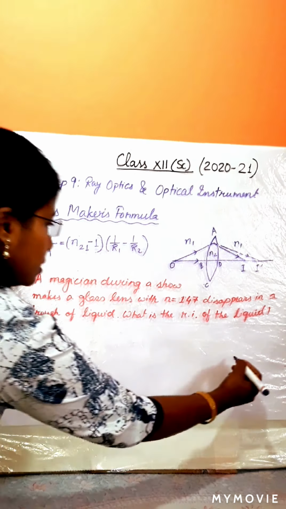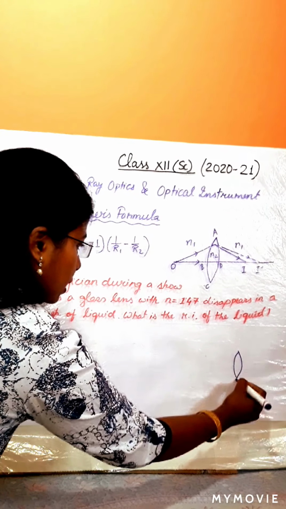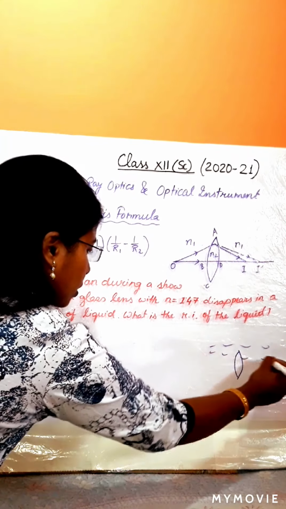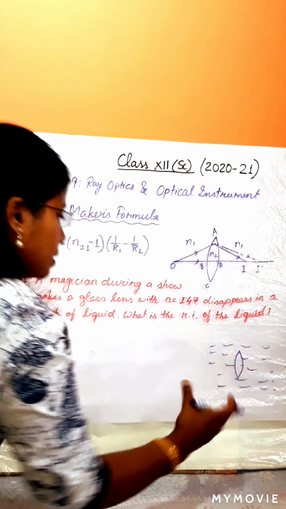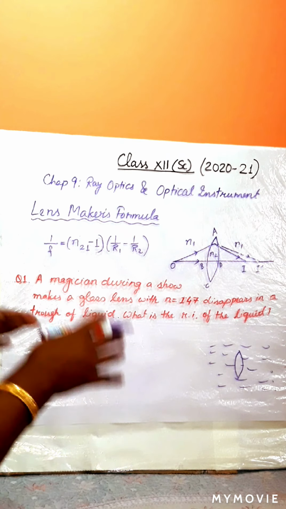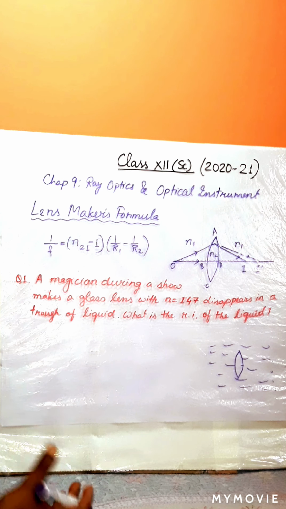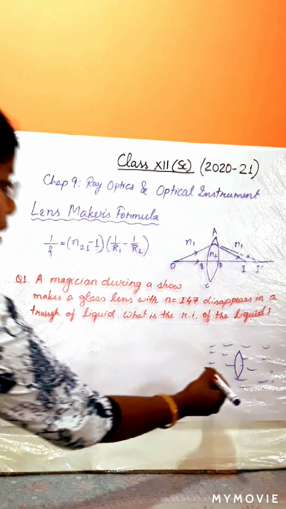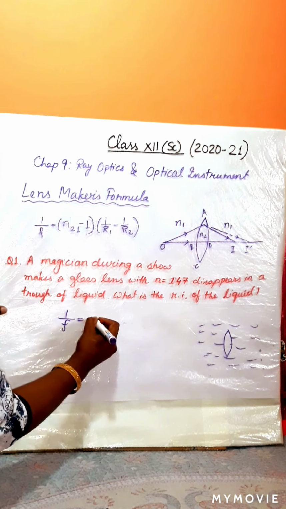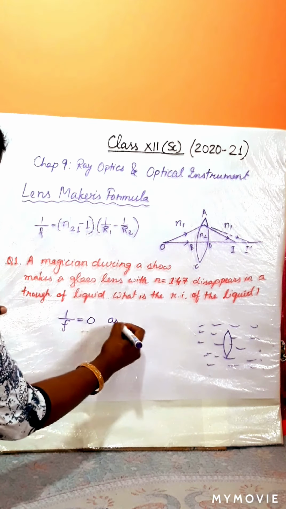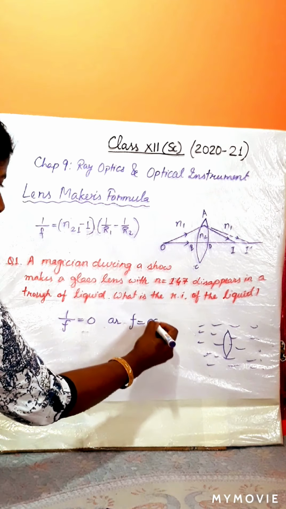So this is the lens, and here it's the liquid. When he placed the lens inside the liquid, the lens disappeared. That means the lens is behaving as a plain glass slab. So in a plain glass slab, 1 by f equal to 0, or f equal to infinity.